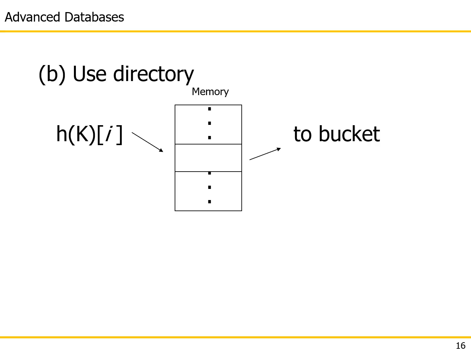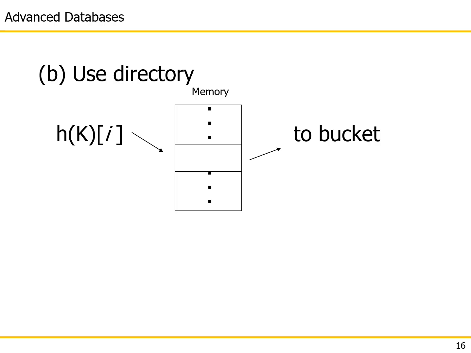The information about where is the row is going to be stored in a page that belongs to this index. But to reach that page, so that later on I can go and load the page of the table, I will consult the in-memory directory.